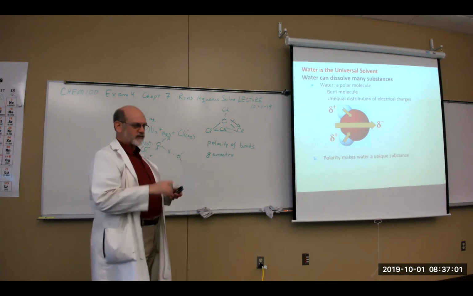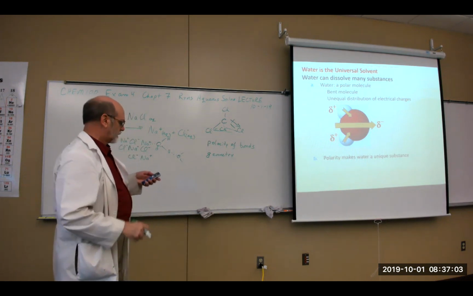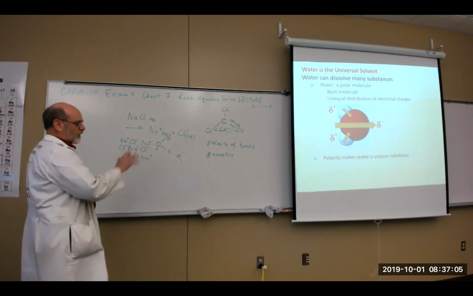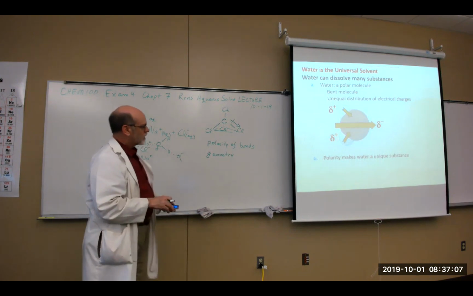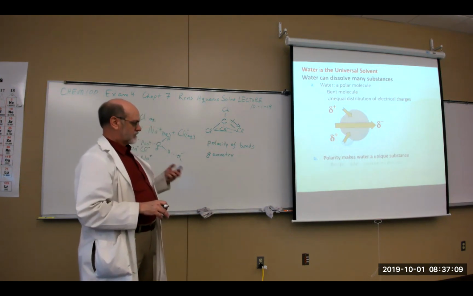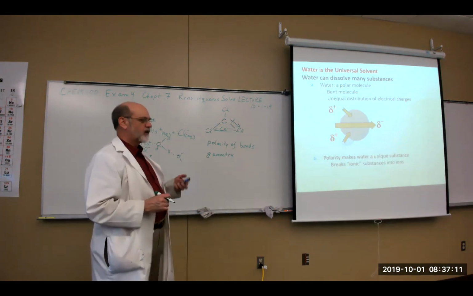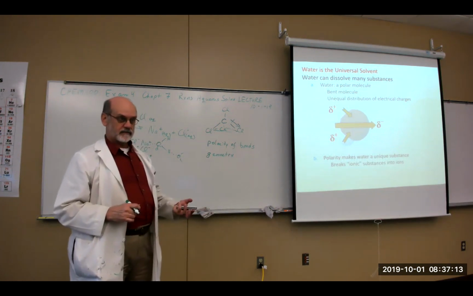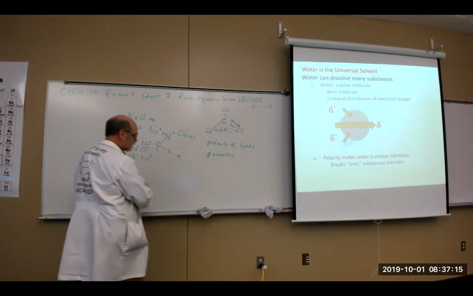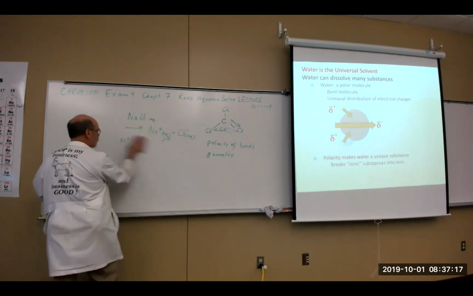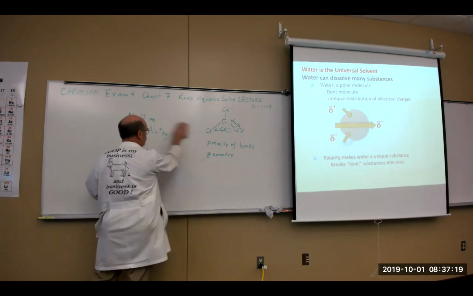We'll talk about those in particular later. But the polarity of water is what makes it attractive to ionic or other polar substances. Right? So this was the case of an ionic substance being attracted and solvated by water.